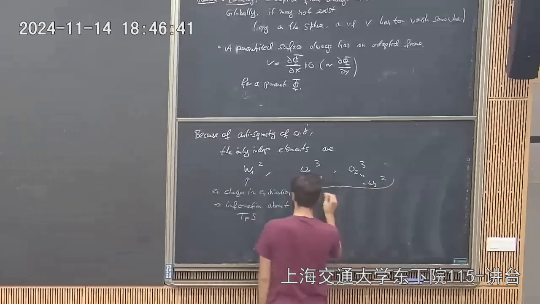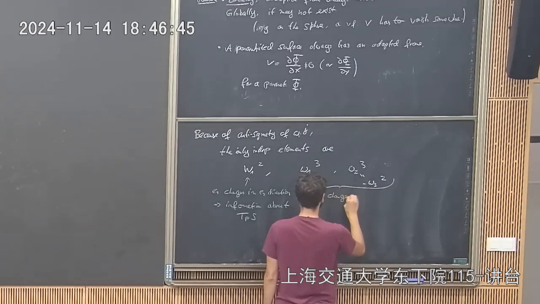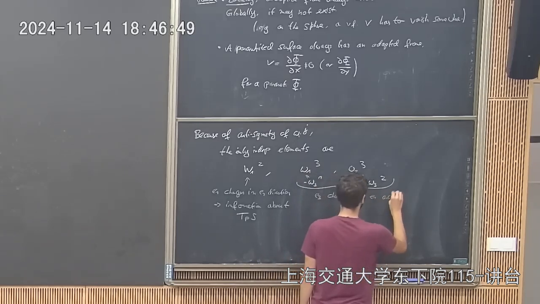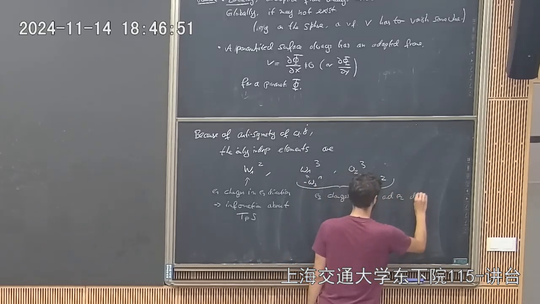Both of them describe how much E3 changes in the E1 and E2 direction.